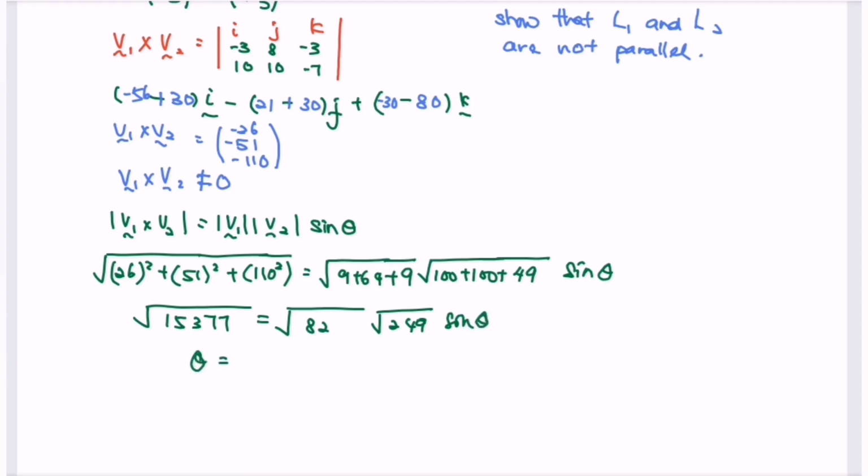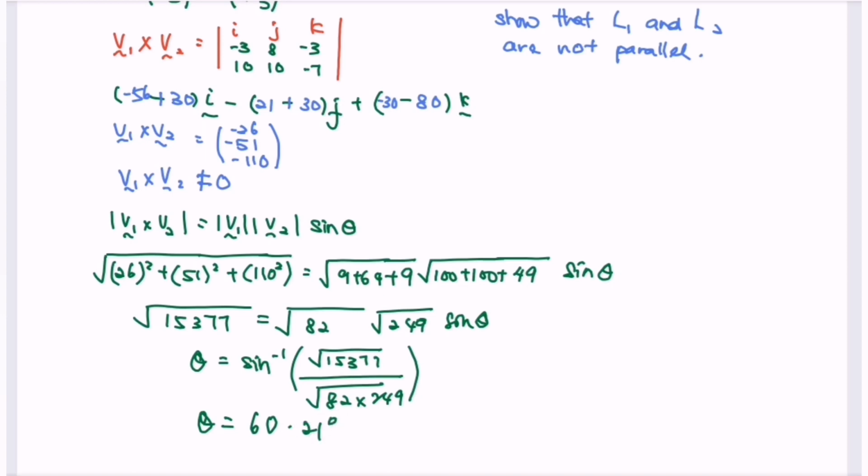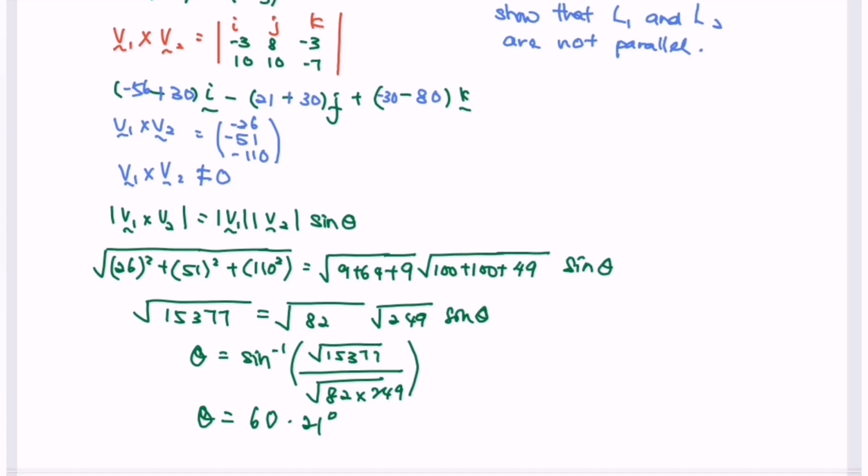Theta equals arc sine of square root of 15377 over square root of 82 multiplied by square root of 249. So from here, theta equals 60.21 degrees. That is the angle between the two straight lines.